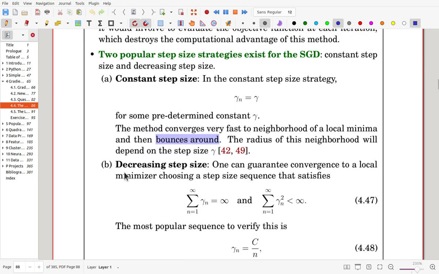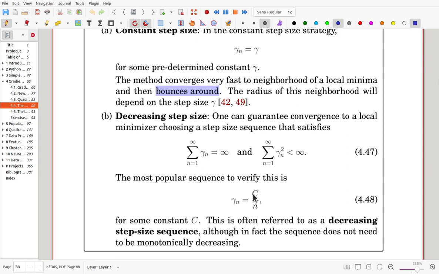For decreasing step size, the method is guaranteed to converge when you choose gamma n satisfying this condition: the summation of gamma n is infinite, but the summation of gamma n squared is finite. For example, if gamma n is a constant over n, then the summation of that term is infinite, however the summation of the square of this term is bounded.